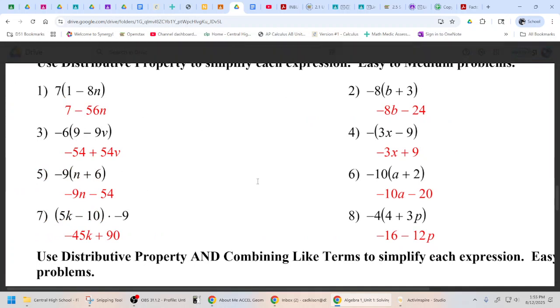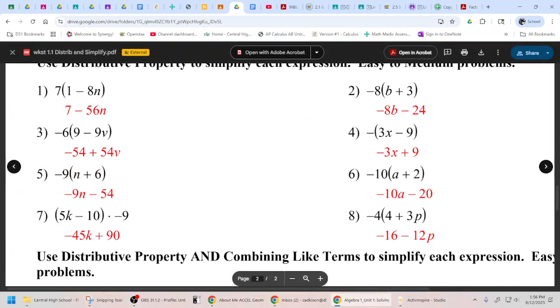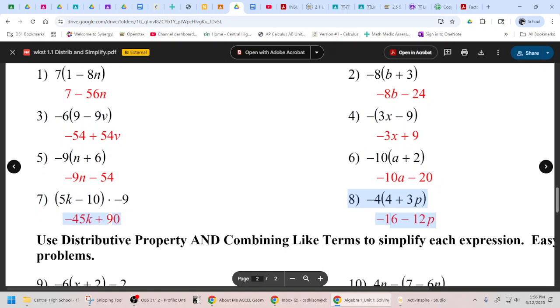Okay, so I don't know, is it helpful if I read it to you? Yes. Alright, well, I'll just read it. 7 minus 56n. Number 3, negative 54 plus 54v. Number 5, negative 9n minus 54.